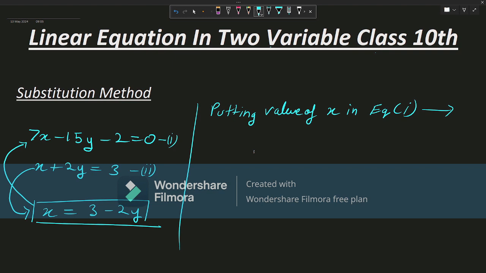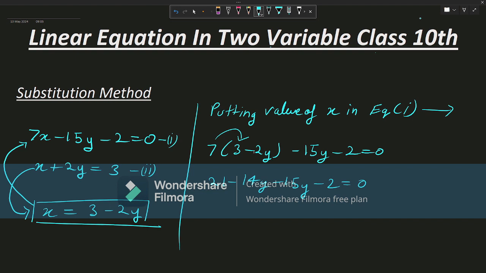That's how it works. Now, once you do that, 7 into 3 minus 2y minus 15y minus 2 is equal to 0. Now you need to multiply 7 with this whole term. So it will be 7 3s are 21 minus 7 2s are 14y minus 15y minus 2 is equal to 0.